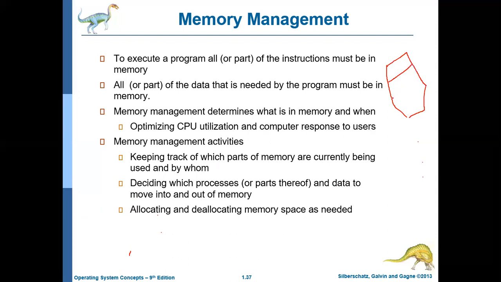So maybe here you may have process 1. Of course, operating system will be placed somewhere. So here you will have process 1, process 2, process 3. It means that multiple processes were kept in the memory.